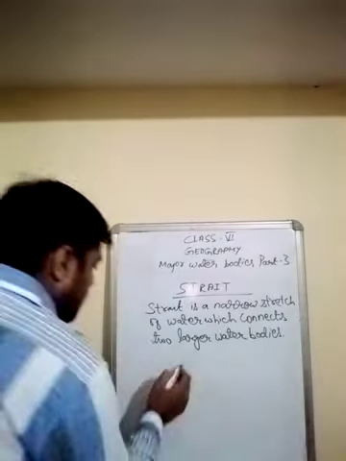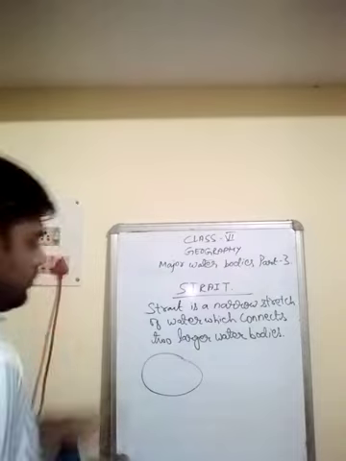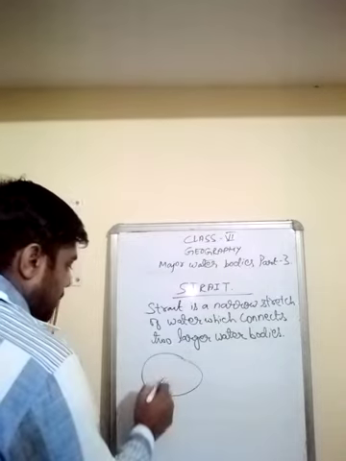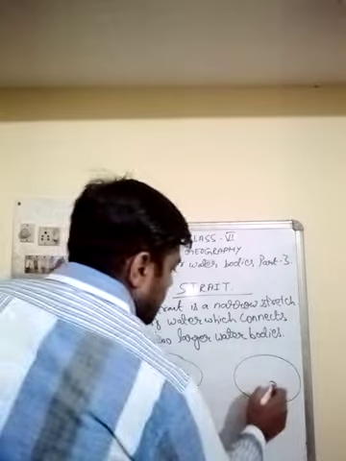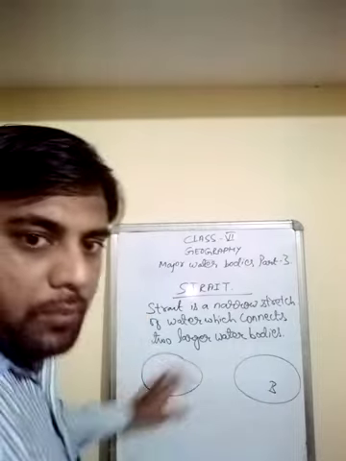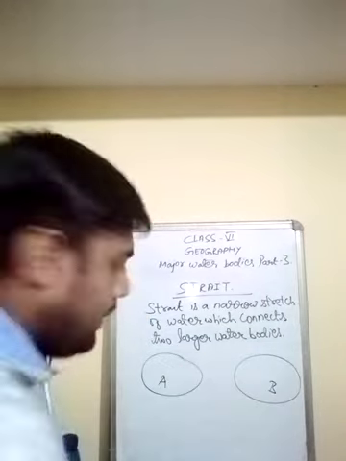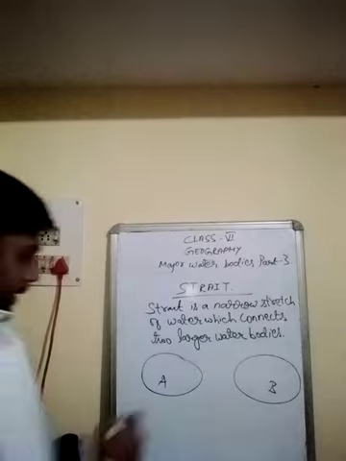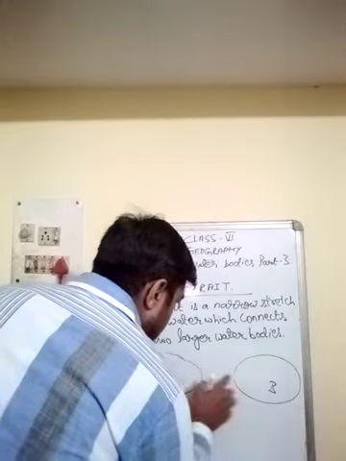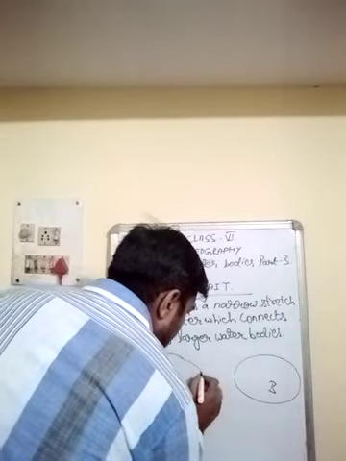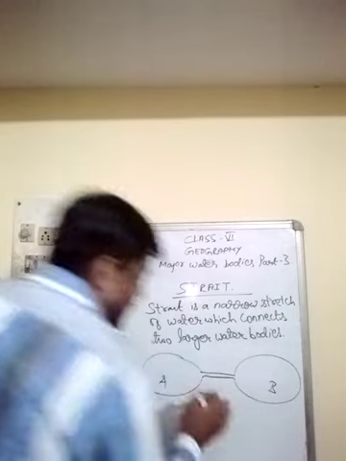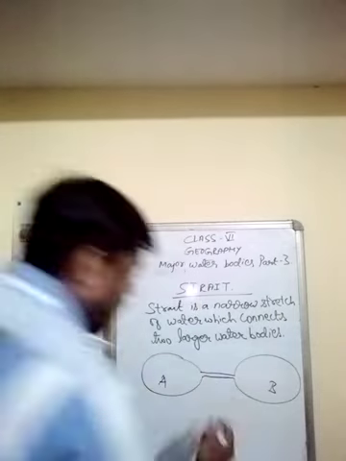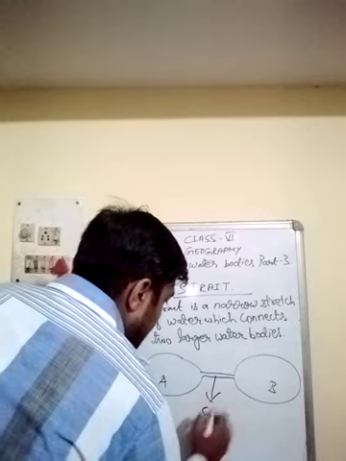What I mean to say is, suppose you have water body A here, large water body A, and you have another large water body B. Now in the middle, if there is a very narrow stretch of water which can connect both these water bodies, then this one is known as strait.